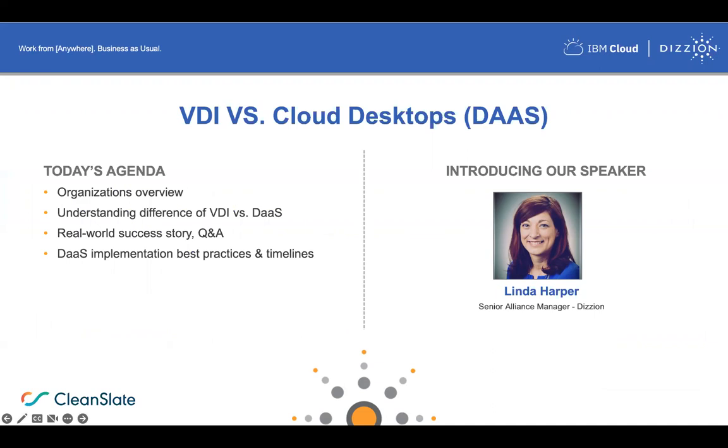Attending. And hopefully I can share some insights on what Dizzion, CleanSlate, Ingram and IBM have been seeing around the desktop, and some of the advantages and disadvantages of on-premise virtual desktops and also of desktop as a service.